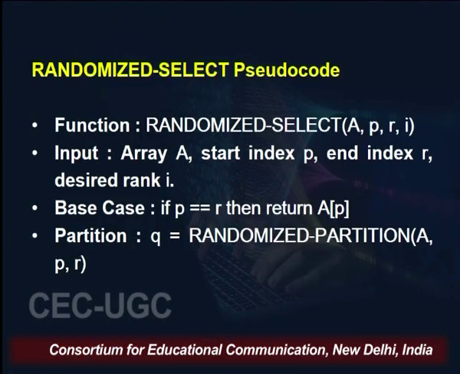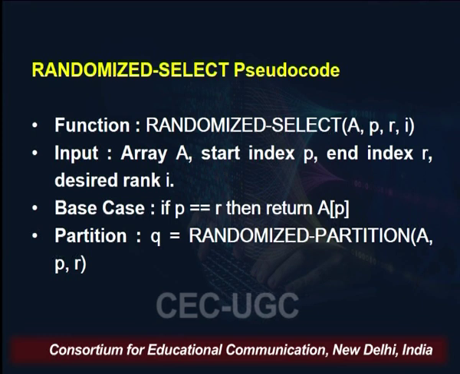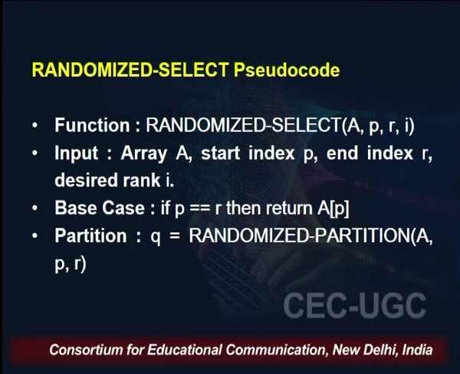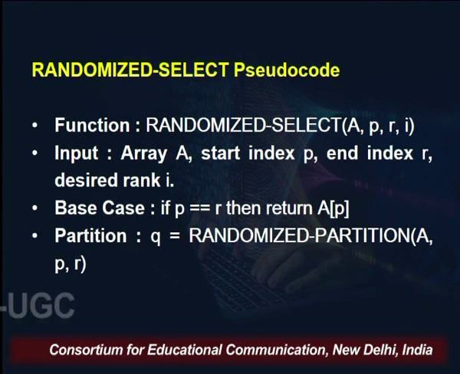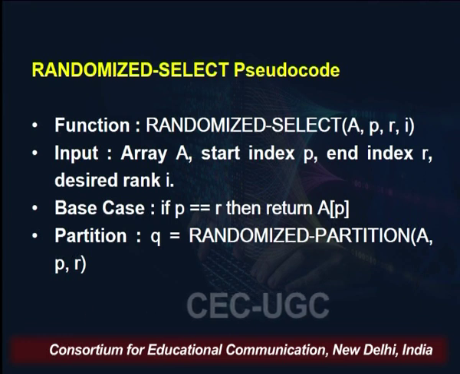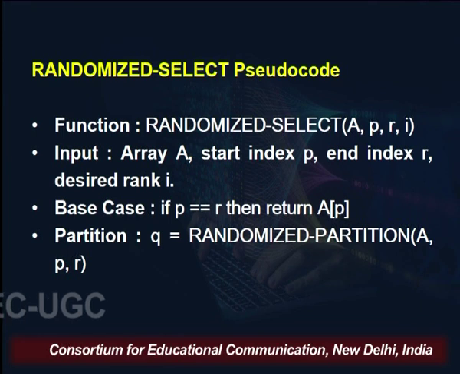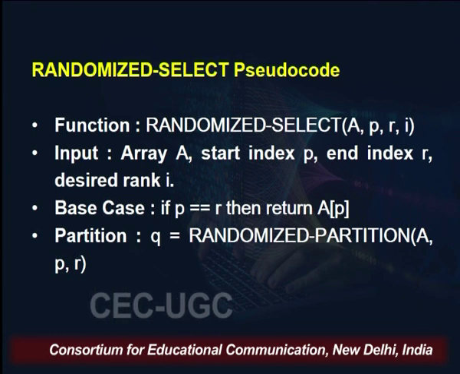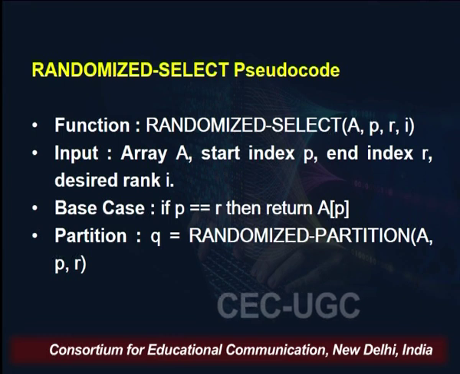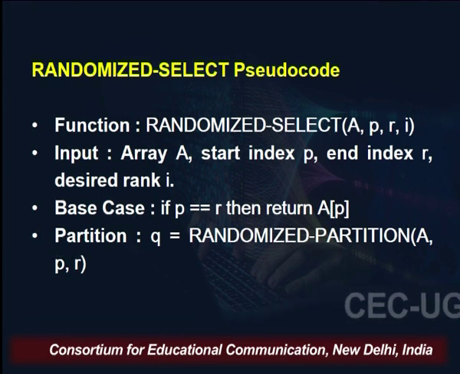One is our array, the limits p and r, because these are the limits which are going to change in our recursive calls, and the i, which is the index of the element which we need to find, or simply the desired rank. So, the input is array A, start index p, ending index r, and the desired rank i.